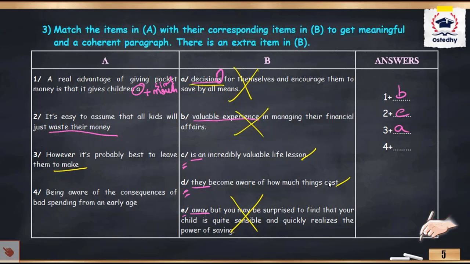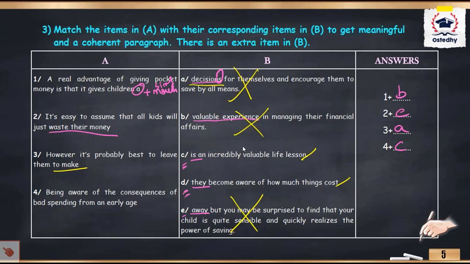C. Good. That must be C. So being aware of the consequences of bad spending from an early age is an incredibly valuable life lesson. So I would say 4 goes with C. I'm giving you another color, goes with C. It's okay? Good. Okay.